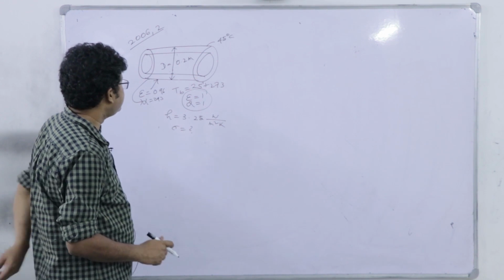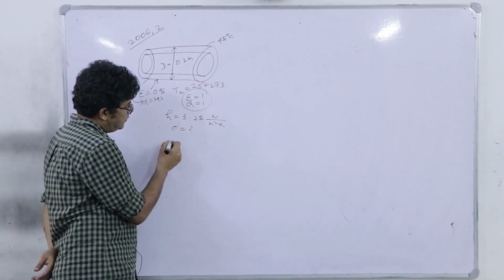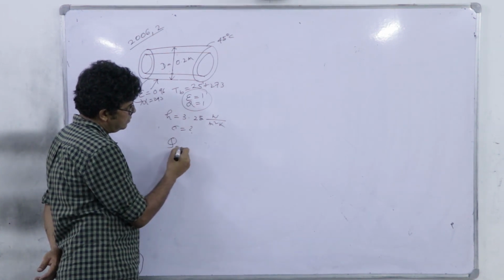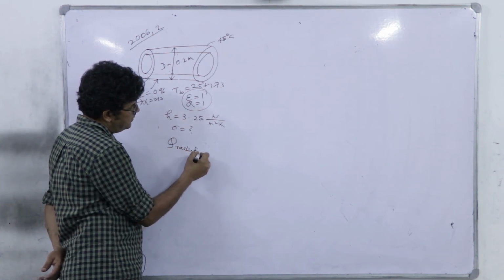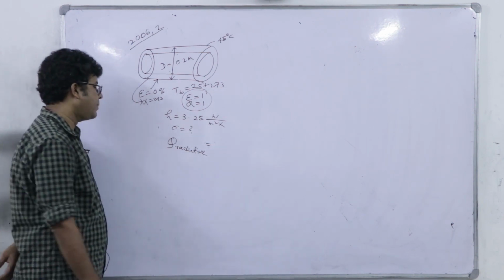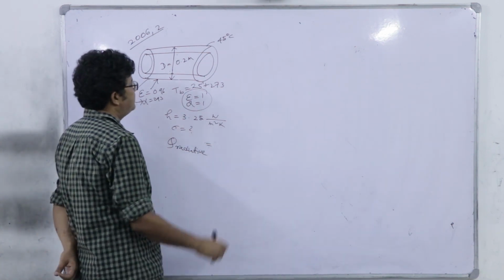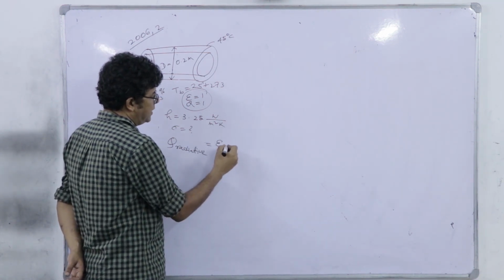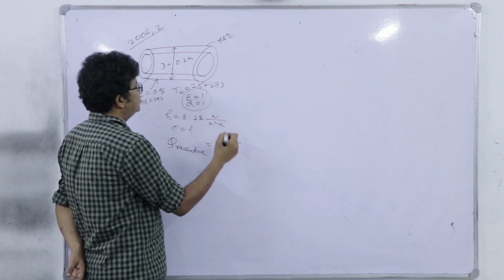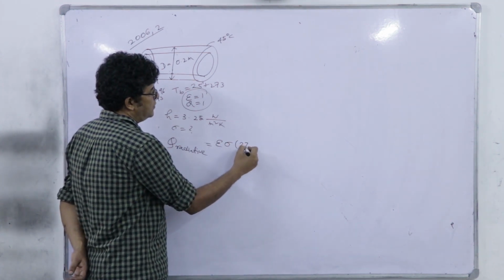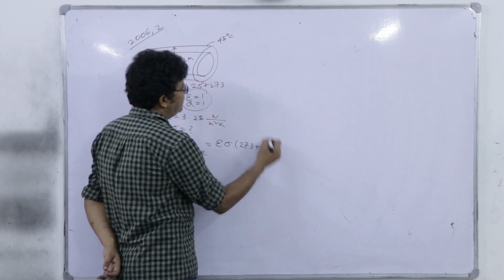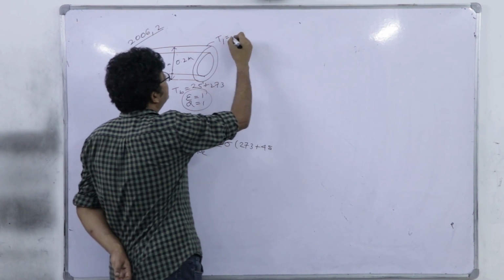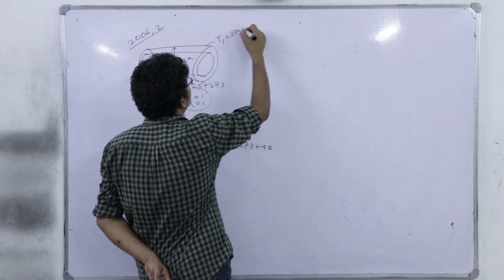See, the radiative heat flow will be equal to whatever it emits, epsilon into sigma into 273 plus 45. Let's say this is T1, 273 plus 45.